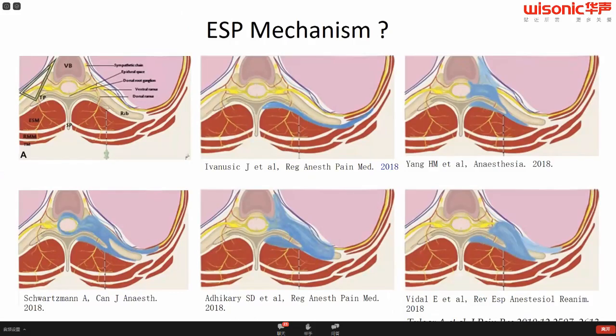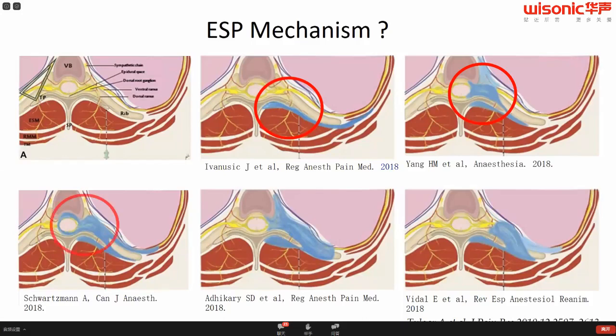Many other cadaver studies were done to look for the mechanism of an erector spinae plane block, and you can see different results. Here you can see what you have seen before, only a dorsal spread and a spread around the dorsal ramus. In this study, they could demonstrate that local anesthetic, this is the light blue color, was found in the paravertebral space.